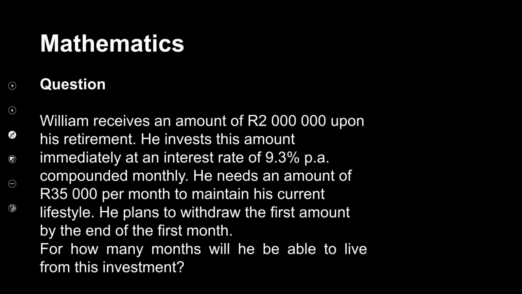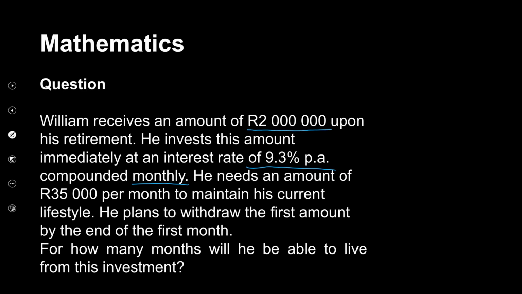Now, let's read this question. William receives an amount of 2 million upon his retirement, right? It's a lot of money, but when you are retiring, it might be very little. He then invests this amount immediately after getting this money at an interest of 9.3% per annum, compounded on a monthly basis.